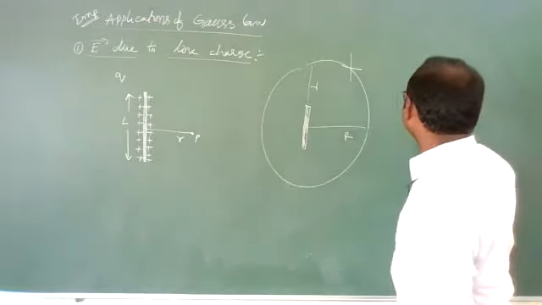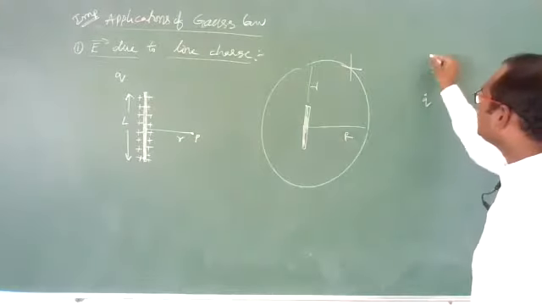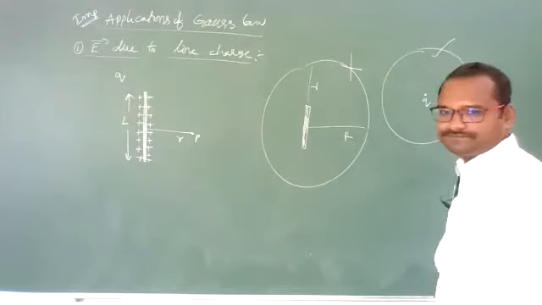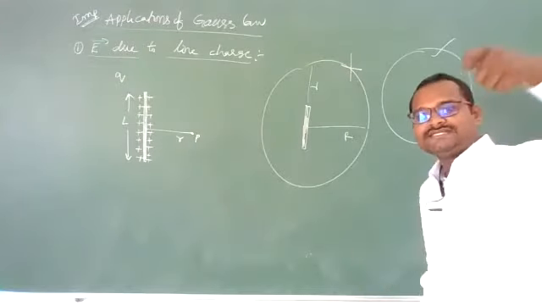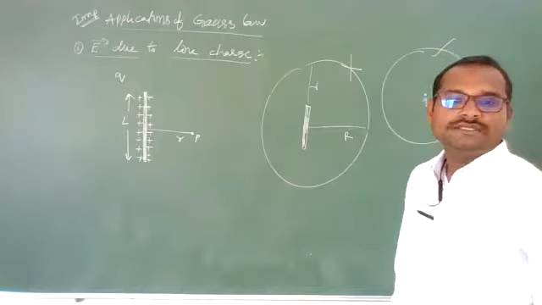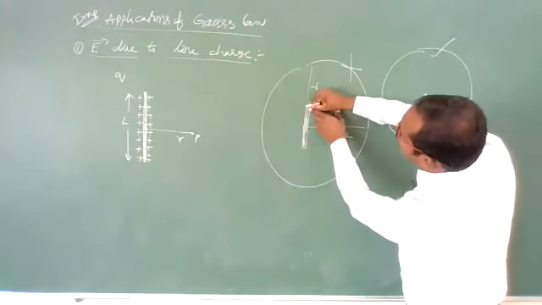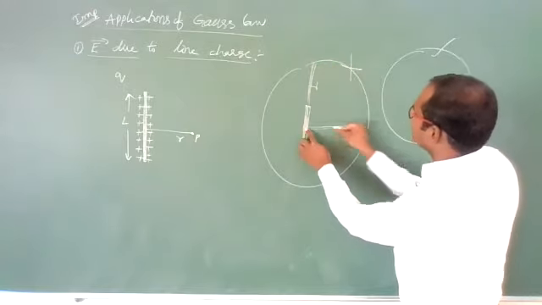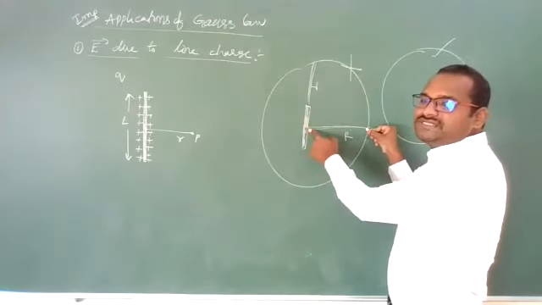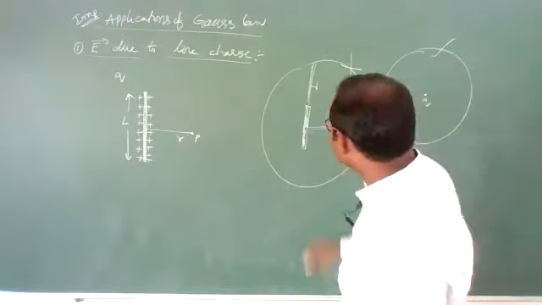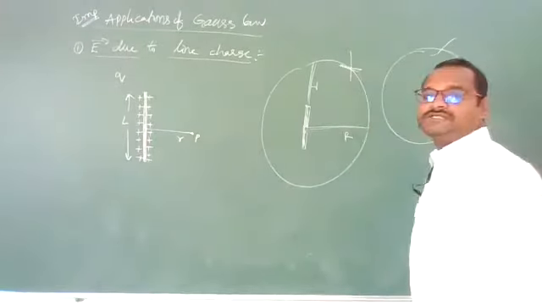If a point charge Q is there, then you can consider a spherical surface as the Gaussian surface. But for a line charge, you cannot, because from this end the distance is very small, whereas this distance is very large. If the distance is different, then the electric field will be different.